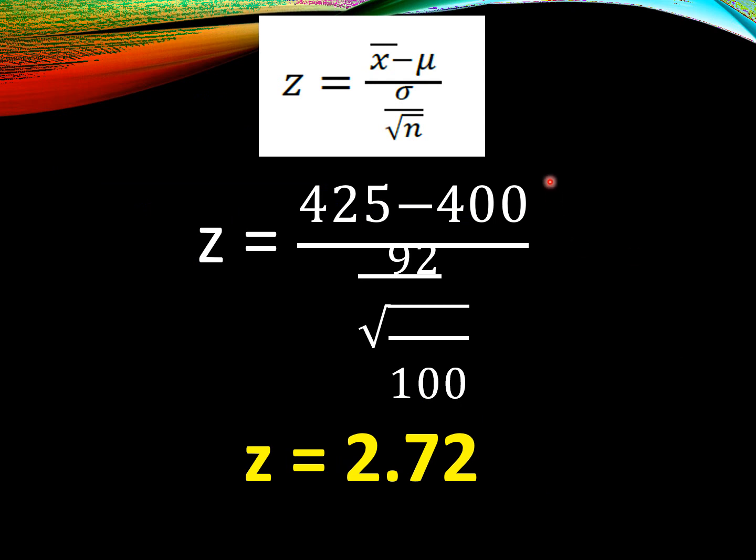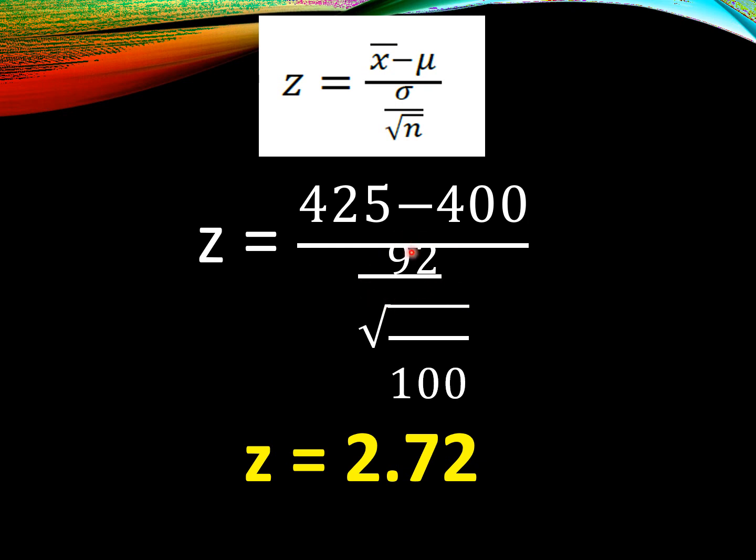So the appropriate test statistic to be used is our z-test. Let's substitute. Sample mean 425 minus 400 divided by 92. So where did the 92 come from? Since what is given is the population variance, which is 8,464, the square root of that is the population standard deviation, which is equal to 92.